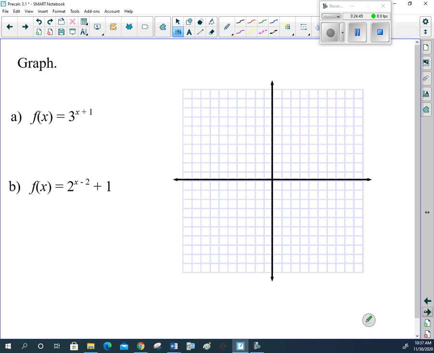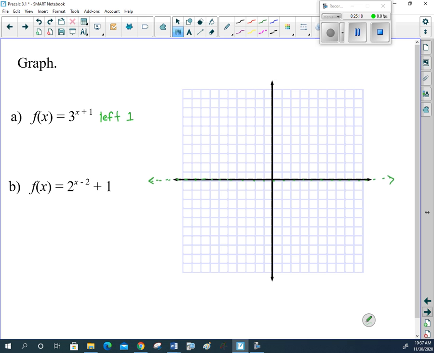Its initial value would be at (0, 1). But this x plus 1 is actually moving everything left. We're going left 1. Okay, that's not going to change your horizontal asymptote. Moving a horizontal asymptote left 1 just still keeps it on the x-axis. So there's my asymptote.